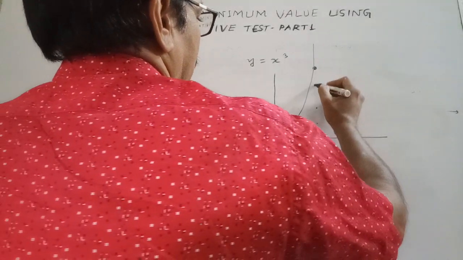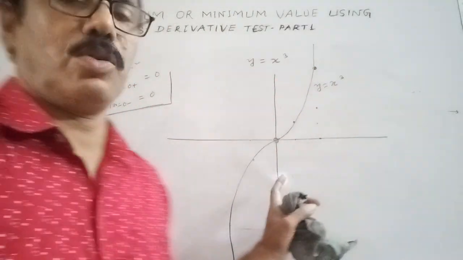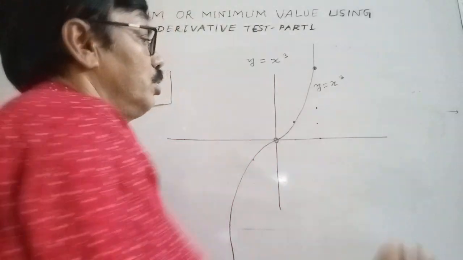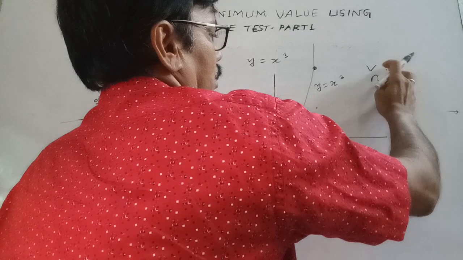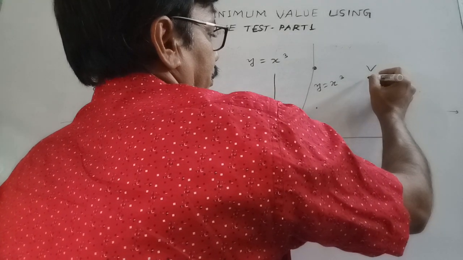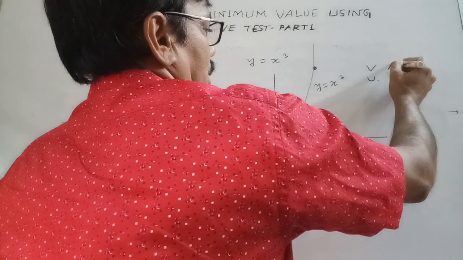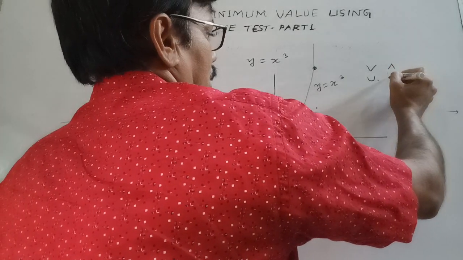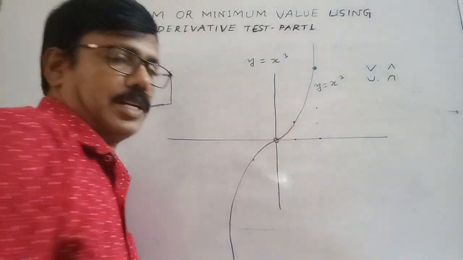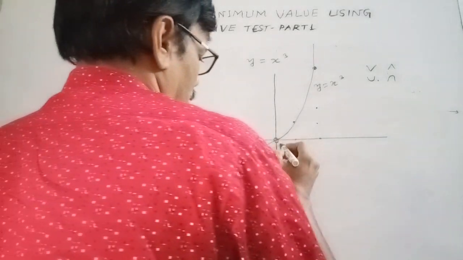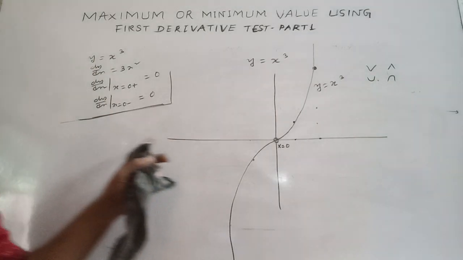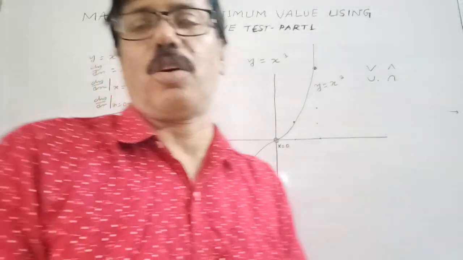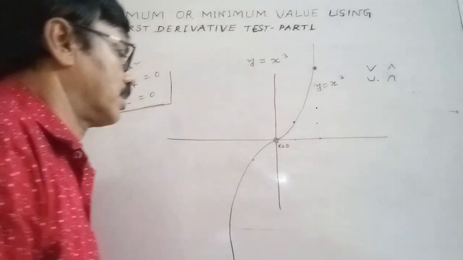So if you plot, you will get y equals to x cube. So look, no V curve or this type of curve, you are not getting. So at x equals to 0, dy by dx does not change sign. This point is called point of inflection.